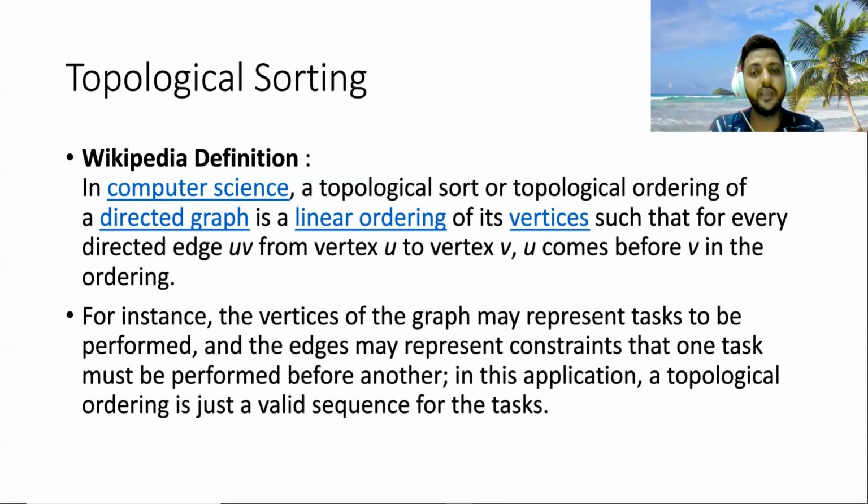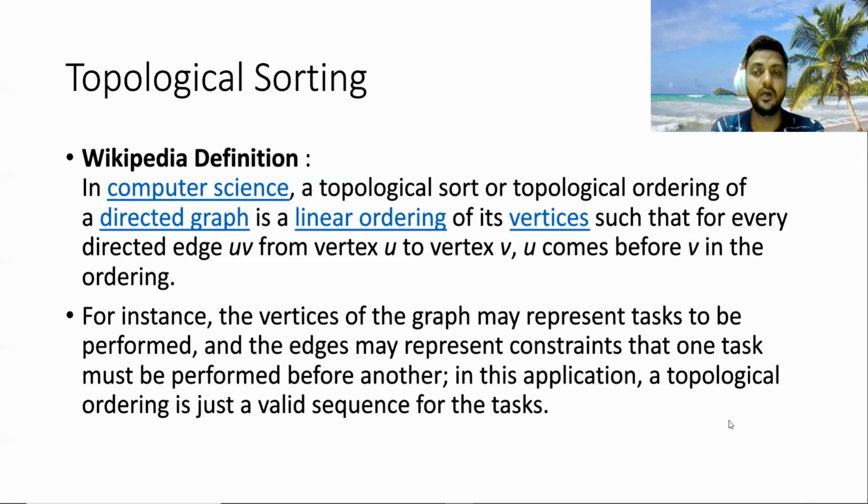This is the kind of application of topological sort, where you want to complete multiple tasks and you have a dependency that once you complete this task, only then can you jump to the next task. In these kinds of dependent tasks, we need to use topological ordering.